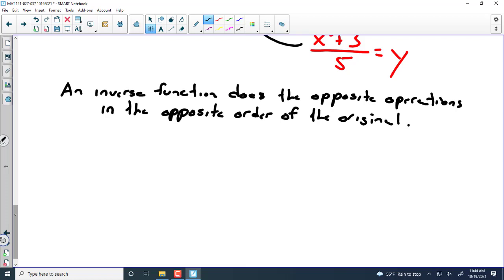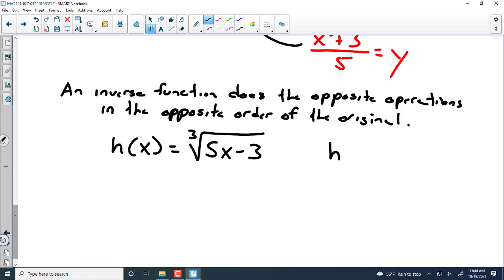This is actually one of my favorite things to talk about when I'm talking about inverses, everyone. I think this is really, really cool how they work. What an inverse actually does is it does the opposite operations in the opposite order.